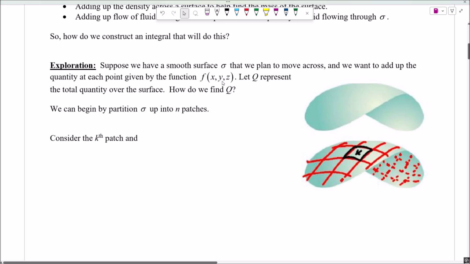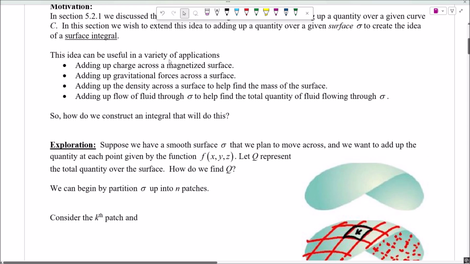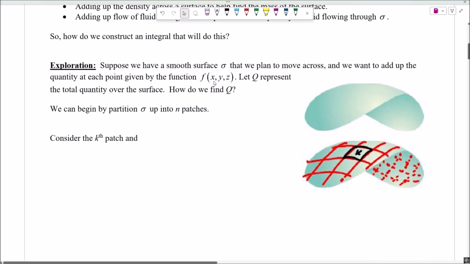This function here is just telling me how much charge or how much gravitational force or how much density there might be at any given point along the surface. Let's let Q represent the total quantity of what it is we wanted to add, whether that's a total mass or a total amount of charge, whatever that might be, we'll call that Q.